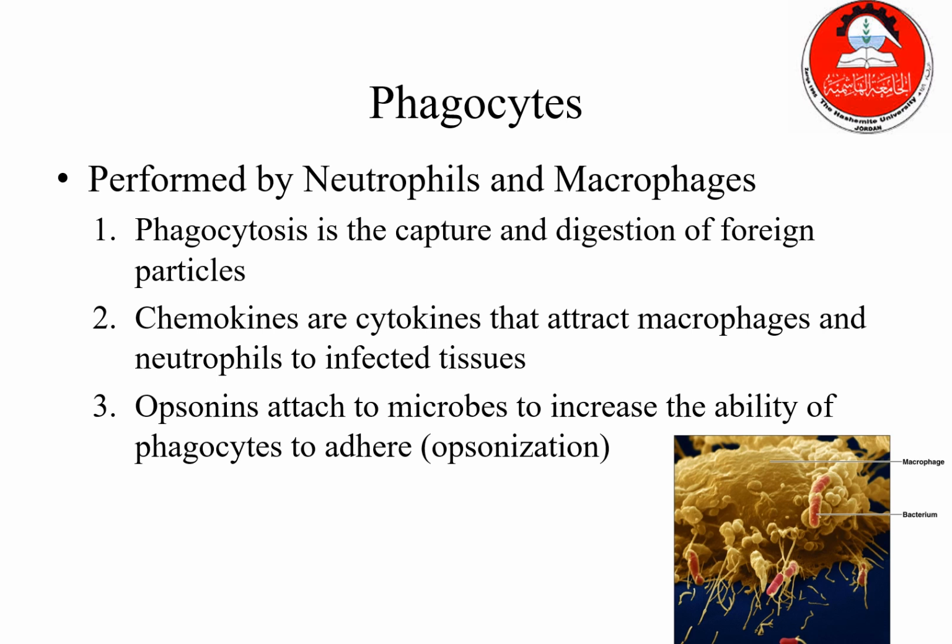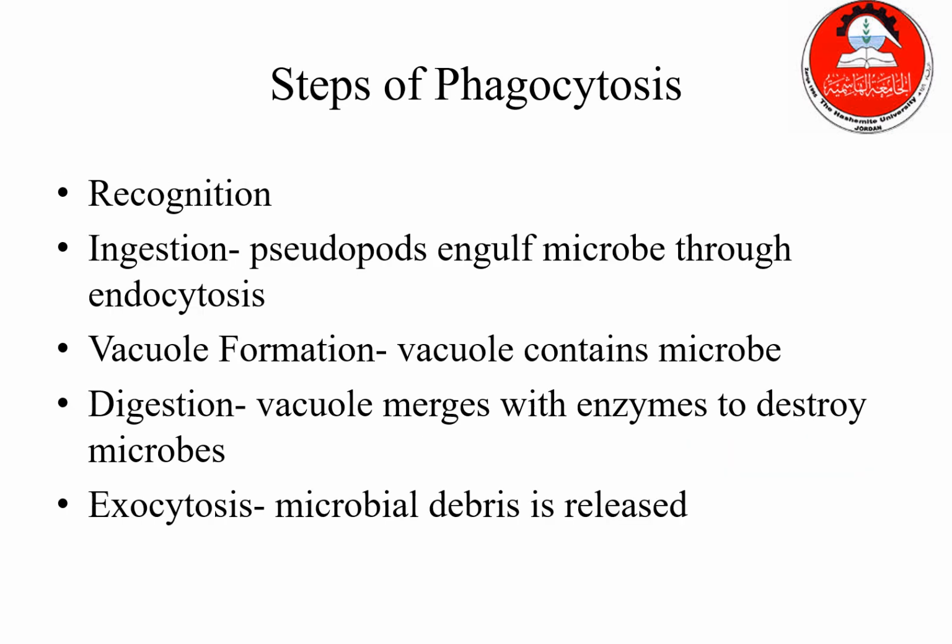We talked about opsonization more than once, and you should know it. Whoever doesn't know it should go review what we mean by opsonization. So the steps of phagocytosis: the pathogen or the foreign antigen is recognized first, then it is ingested via the pseudopods, which engulf the microbe through endocytosis.